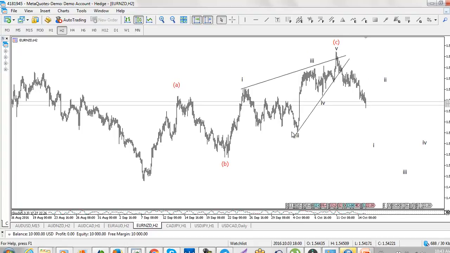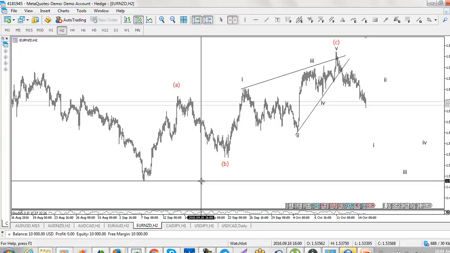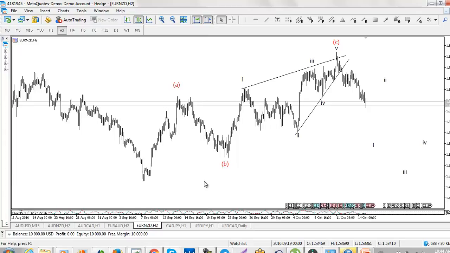That was actually a typical ending diagonal, and price broke below, and now it's going downside. So we'll be expecting a 5-wave move downside for Euro New Zealand dollar this week and probably next week. As it goes, price may break below the 1.5 level. So we have a very bearish bias for Euro New Zealand dollar.